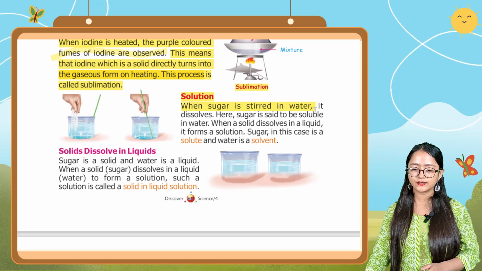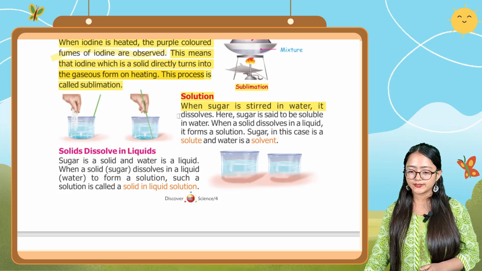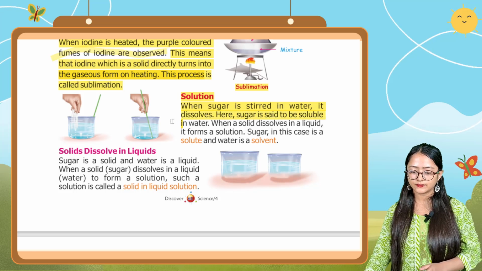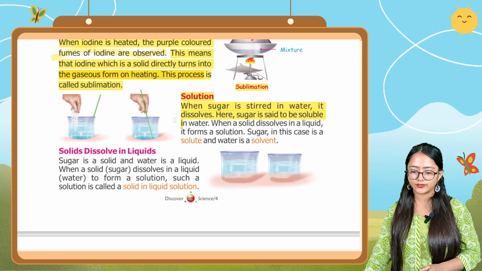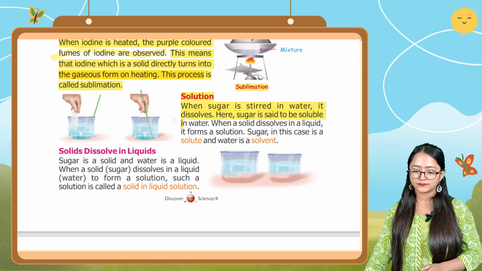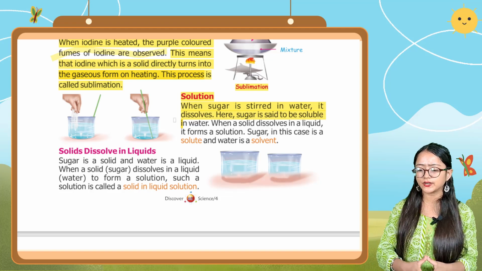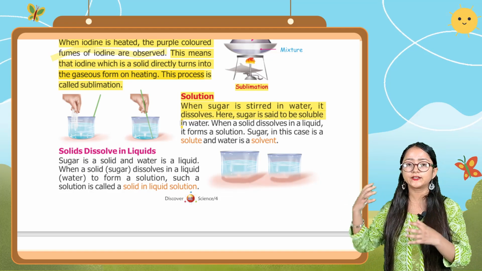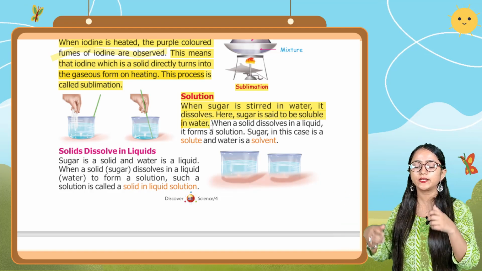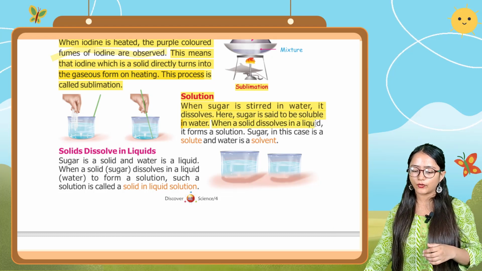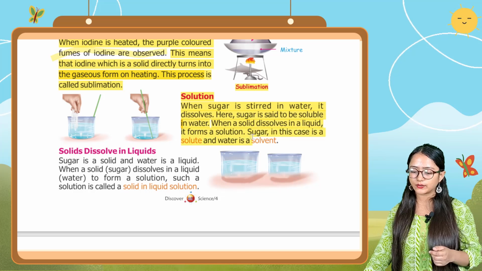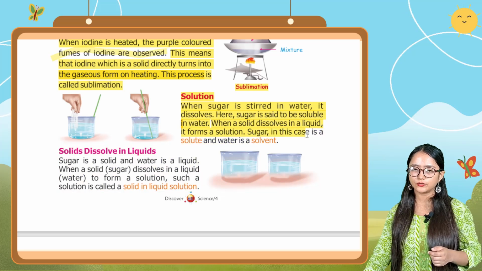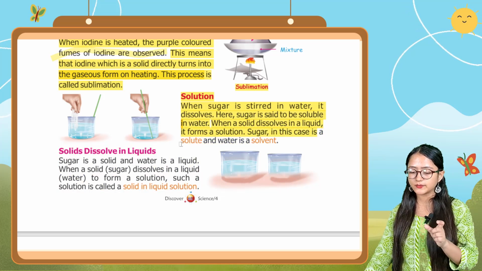When sugar is stirred in water, it dissolves. Here sugar is said to be soluble in water. When a solid dissolves in a liquid, it forms a solution.